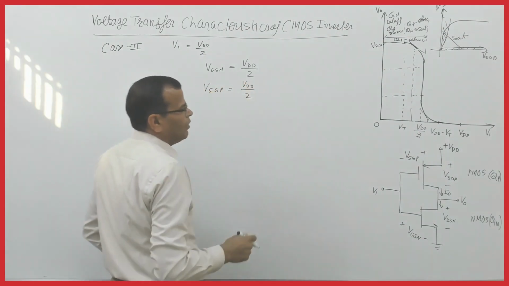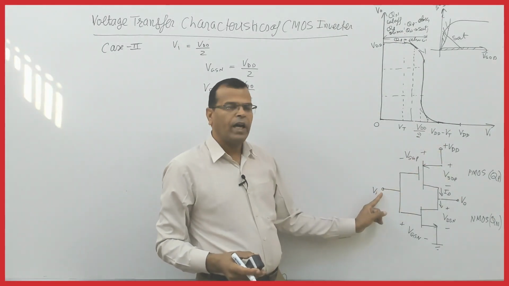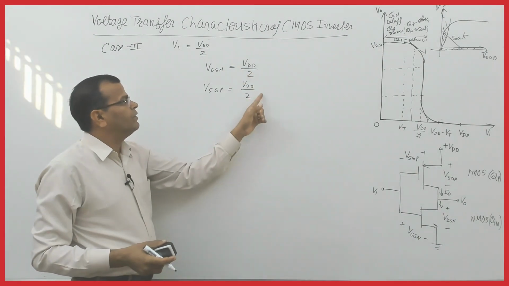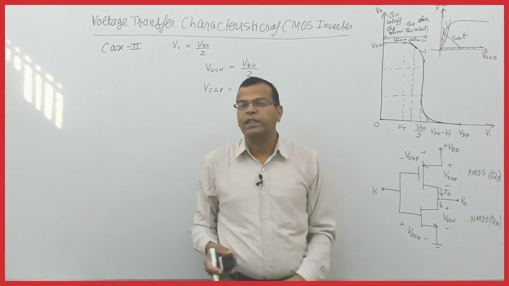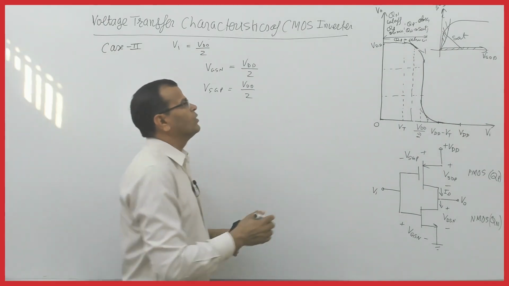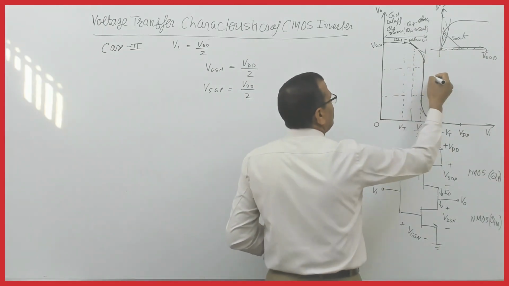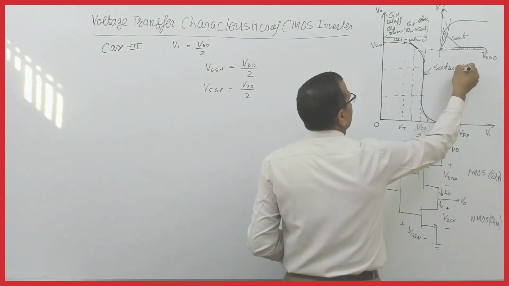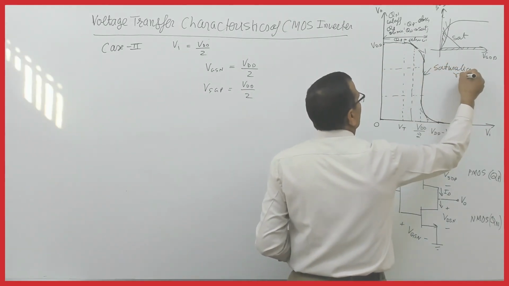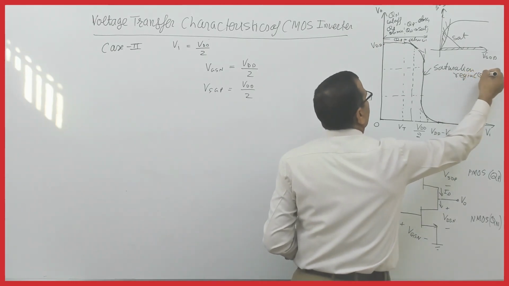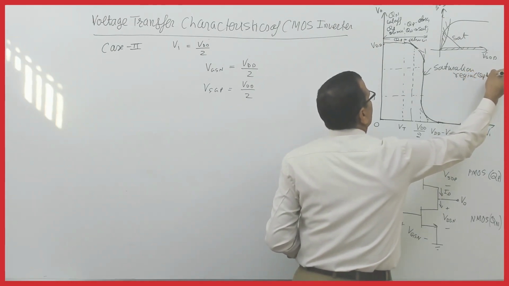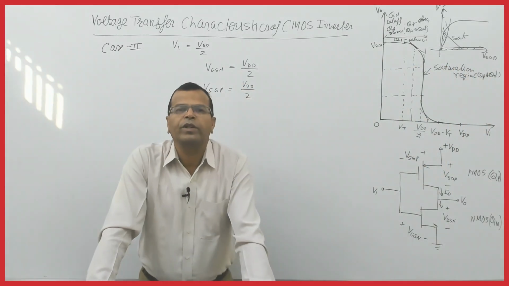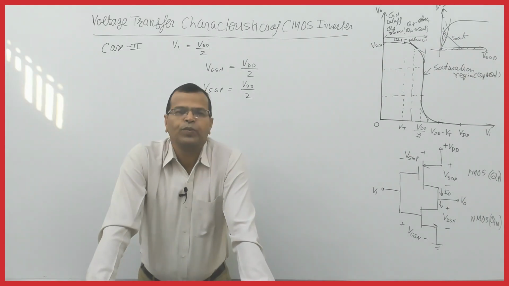Why so? VSGP is VDD minus Vi. Vi is VDD by 2, so VSGP will be VDD by 2. If this gate to source voltage is the same for both the transistors, both will be operating in saturation region. Remember, which transistors? Both QP and Qn. So QP and Qn will be operating in saturation region when input voltage is VDD by 2.